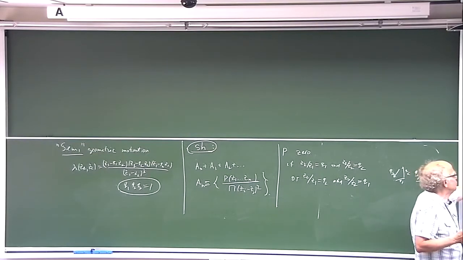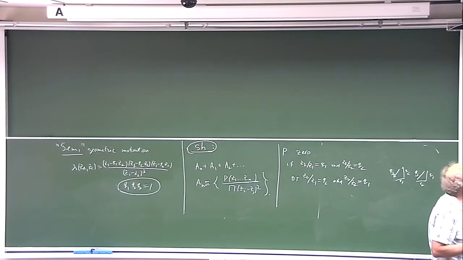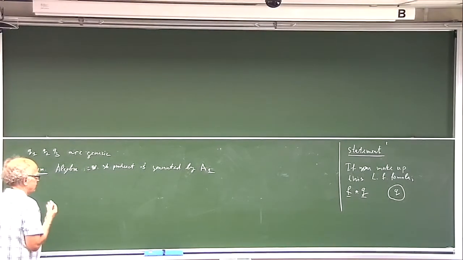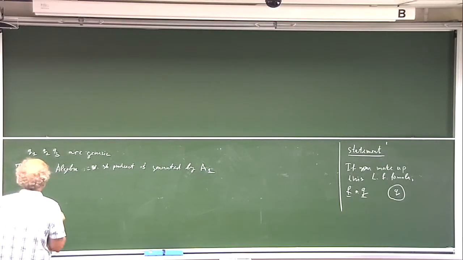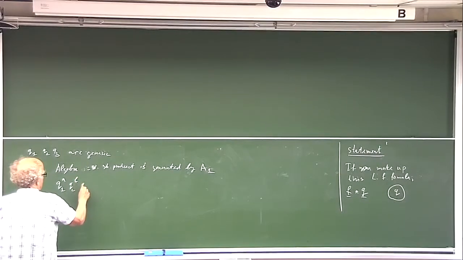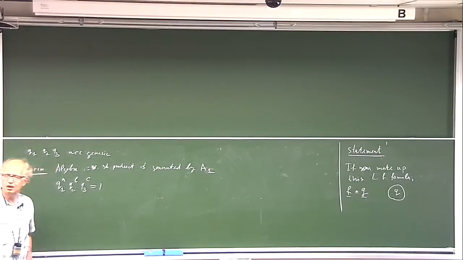If Q1, Q2, Q3 are generic, then A1 generates everything. And when does the wheel condition appear? The wheel condition appears if Q1 to the a, Q2 to the b, Q3 to the c is equal to 1.